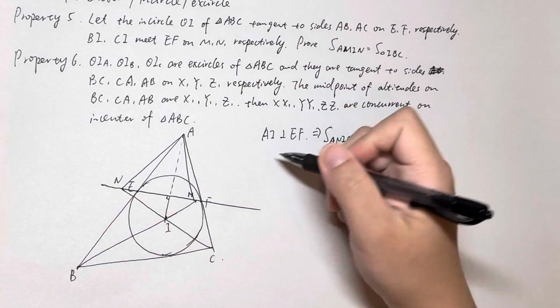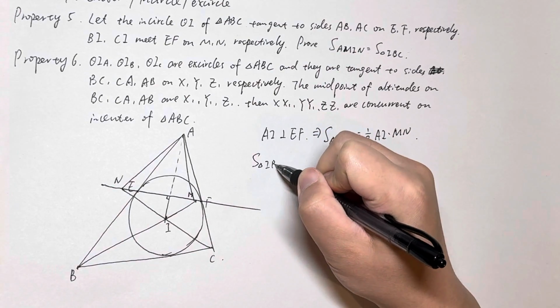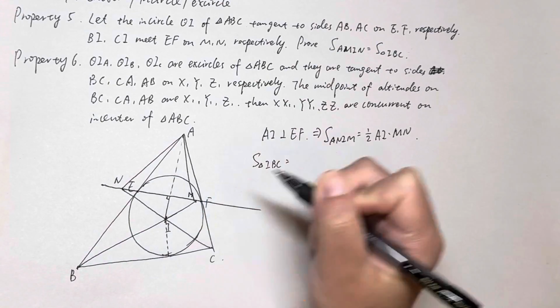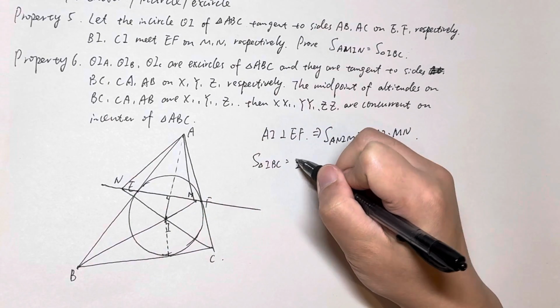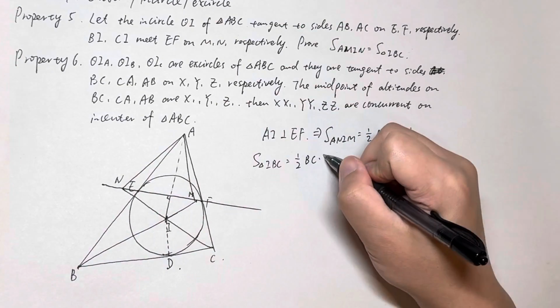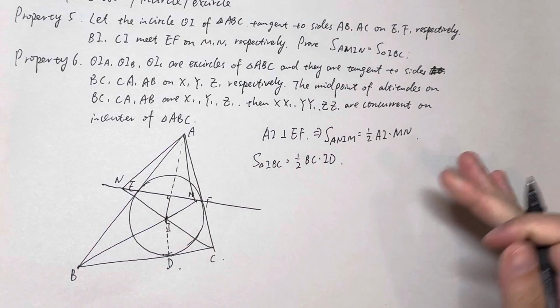And we also want to know how to calculate the area of triangle IBC. This would be much easier. It equals half of BC times ID. Then the question becomes very simple.